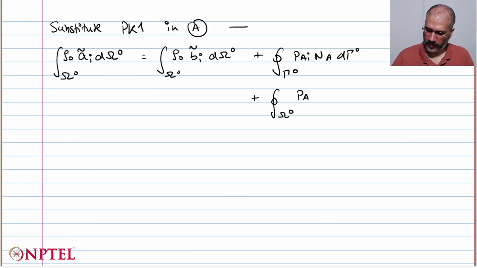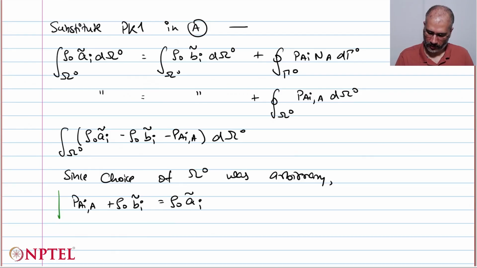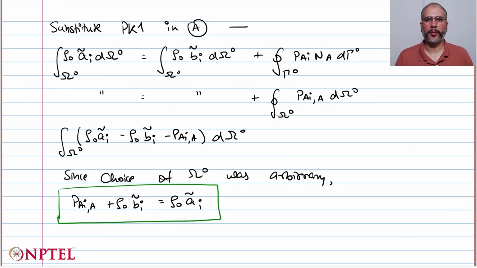So this becomes PAI comma A d omega naught. And now, since all of these are volume integrals, I can combine them all into one integral. And since the choice of omega, or correspondingly omega naught, was arbitrary, that means this quantity, the integrand, has to be 0. And this is our equation of motion expressed in the Lagrangian form.